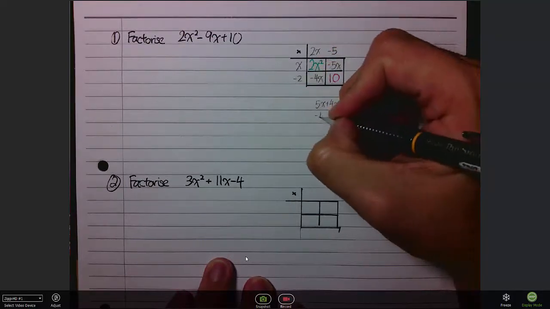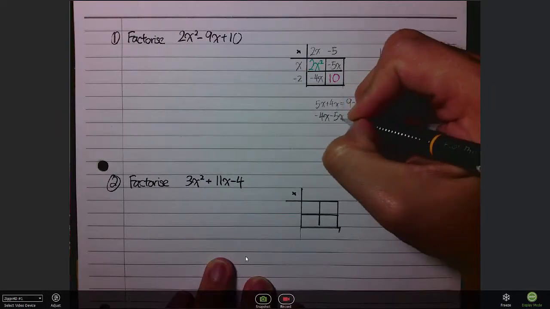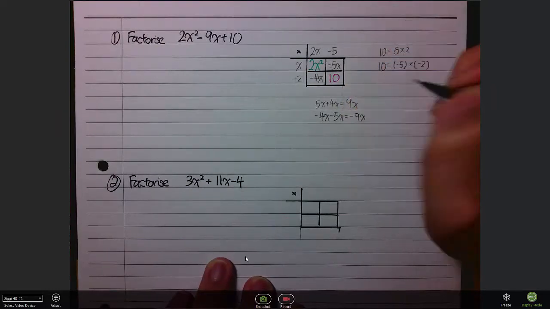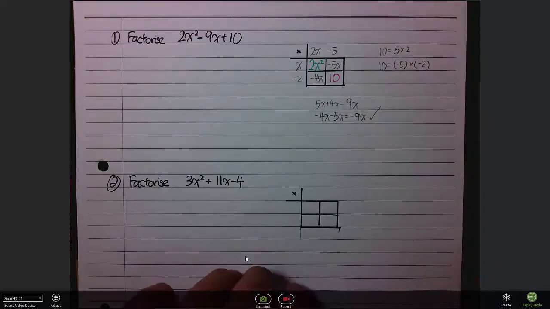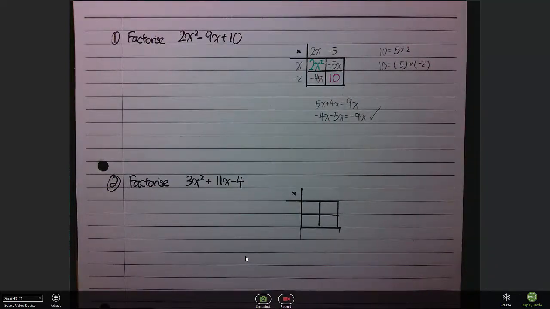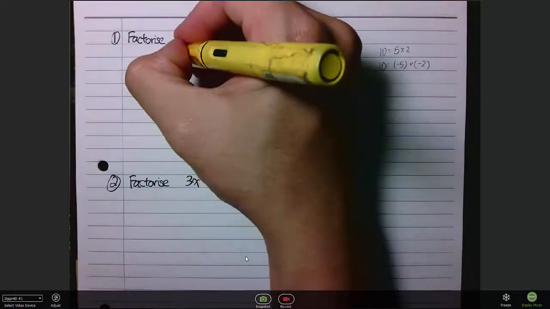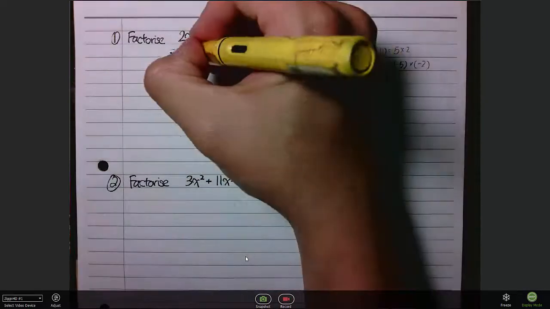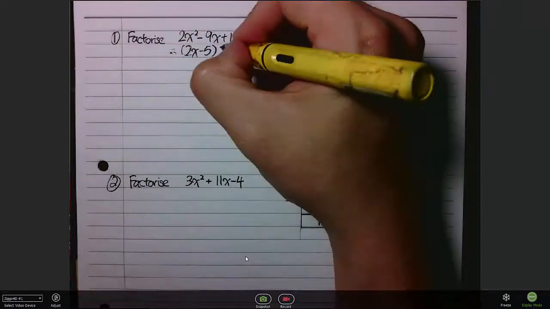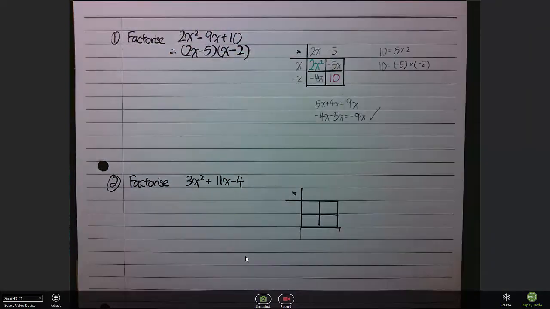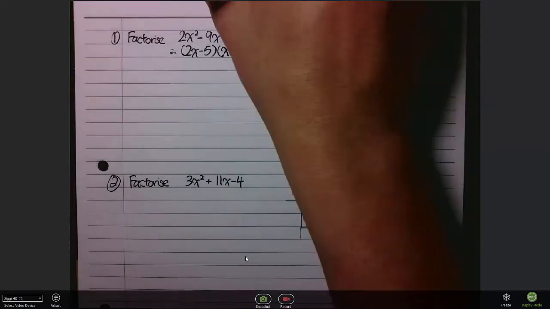Negative 4x minus 5x equals negative 9x. The factorization is correct. My final answer is 2x minus 5 and x minus 2. And that is done for our first question.